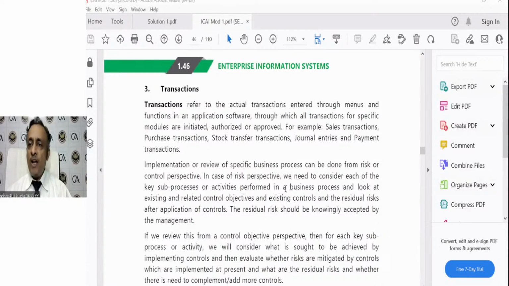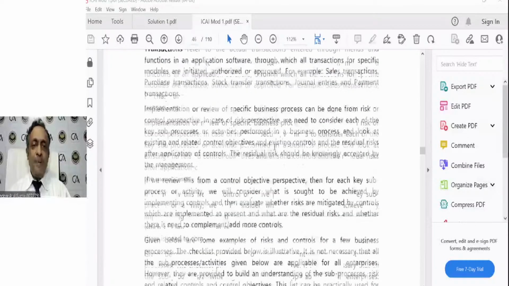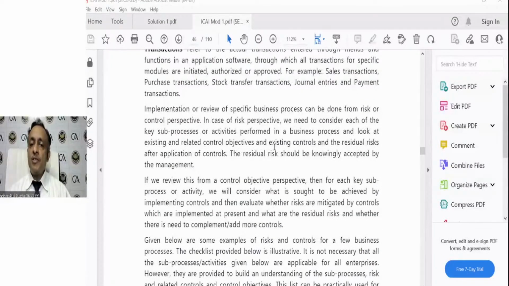Okay. Now, we are on transactions. Transaction refers to actual transaction entered through the menus and functions in an application software through which modules are initiated, authorized, or approved. For example, sales, purchase, and multiple transactions. Implementation or review of specific business process can be done from a risk or control perspective.